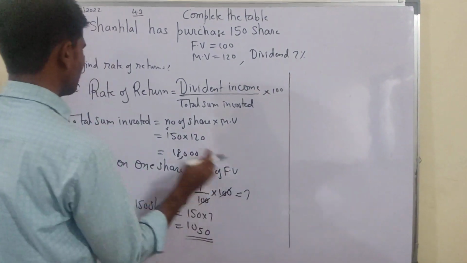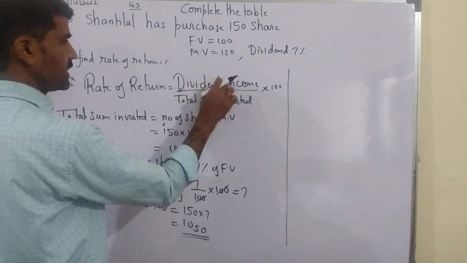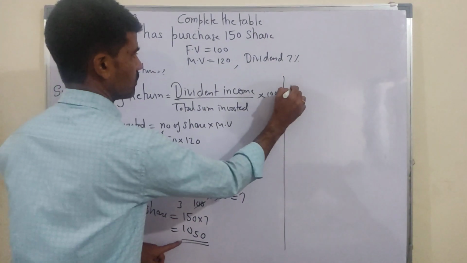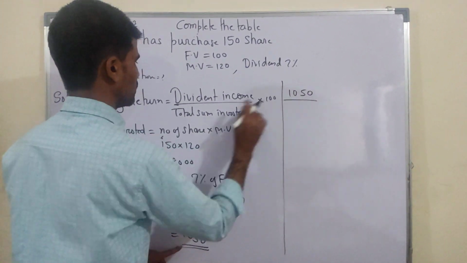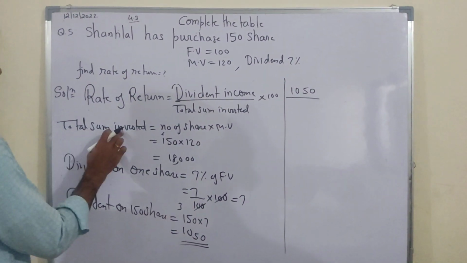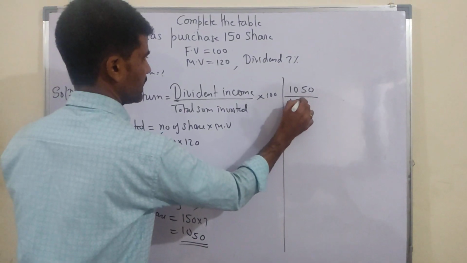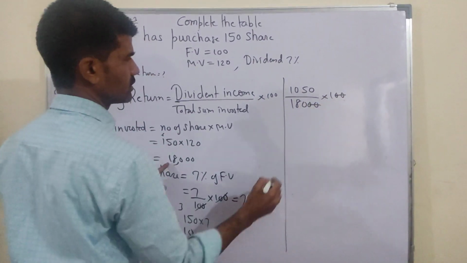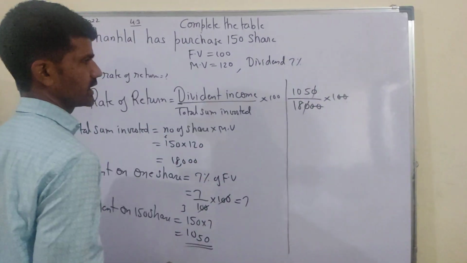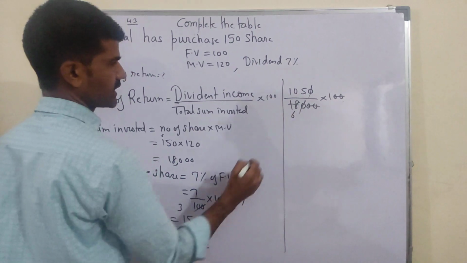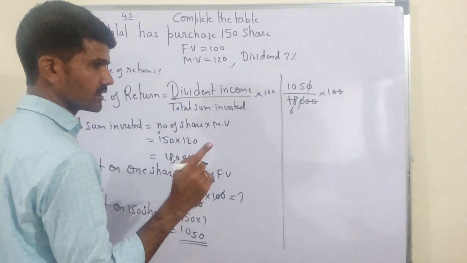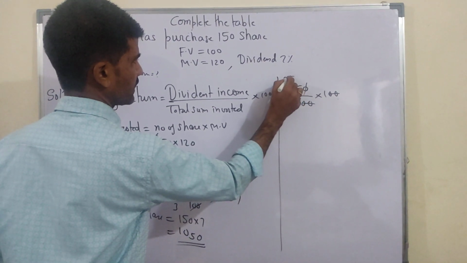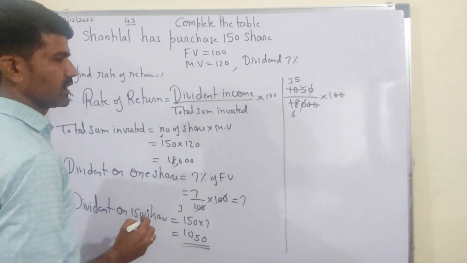Now again, rate of return equals dividend income. Dividend income on 150 shares is 1050, total sum invested is 18,000 into 100. 20, get cancel, 0 get cancel, 3 6s are 18, 3 3s are 9, 1 carry, 3 5s are 15.